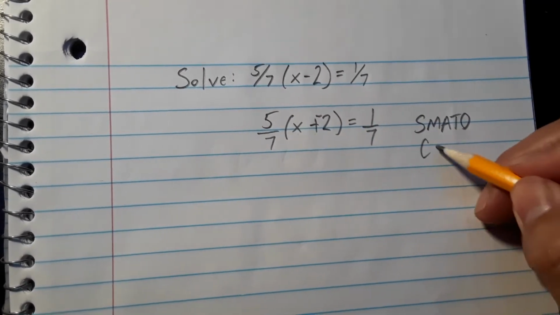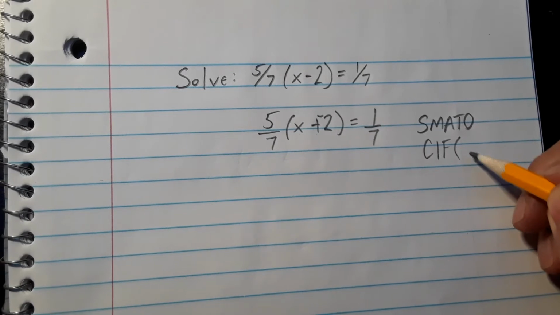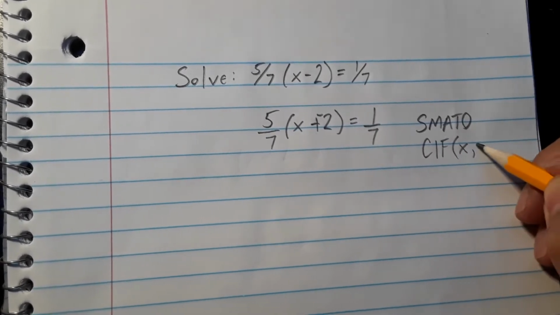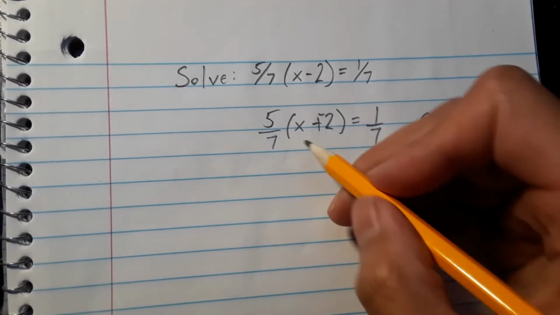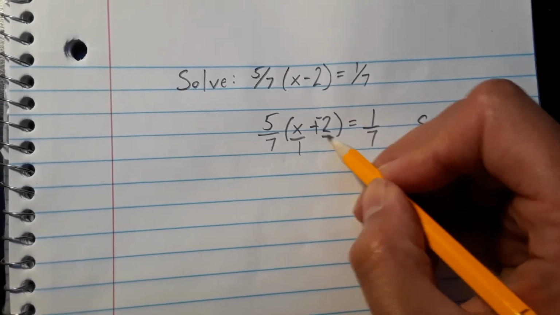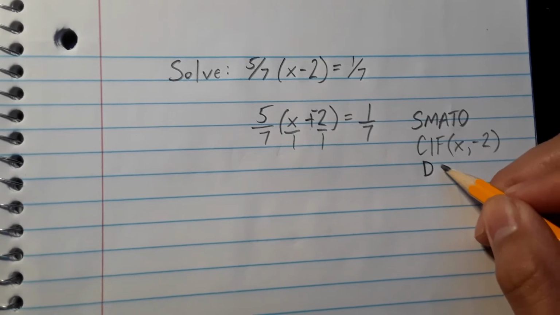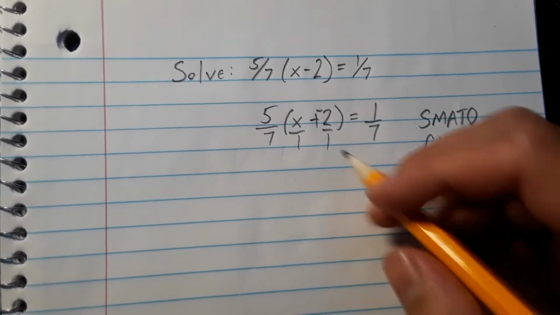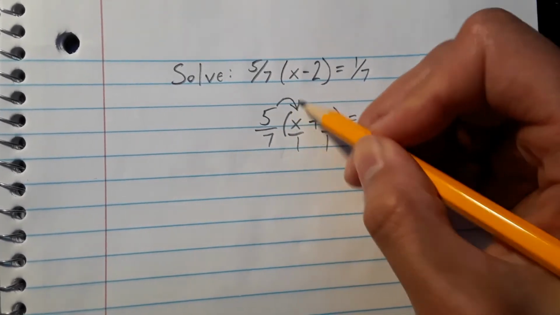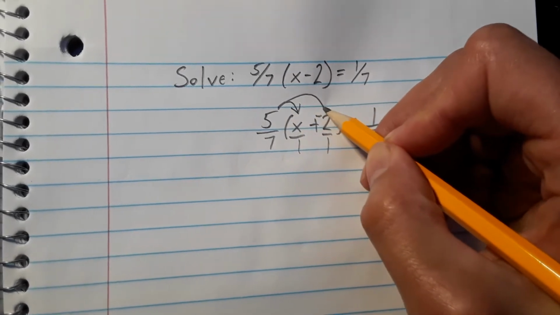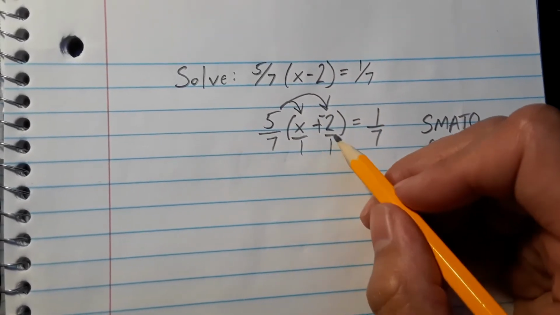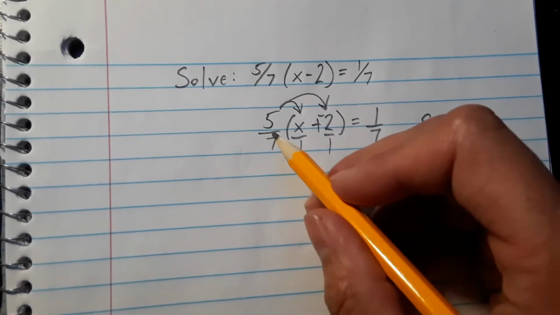So we're going to do CIF of x and negative 2, and we're just putting these over 1. Then we can do our distributive property, or DP. So 5/7 times x over 1, and 5/7 times negative 2 over 1.